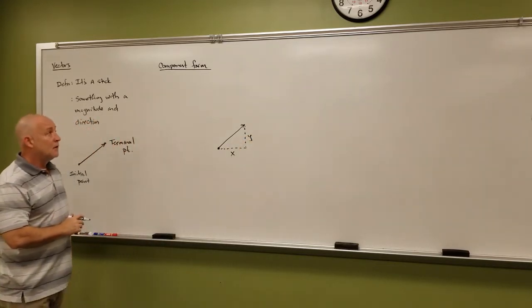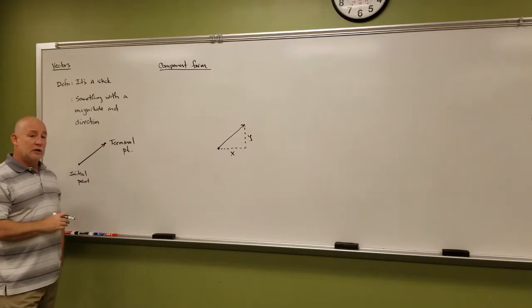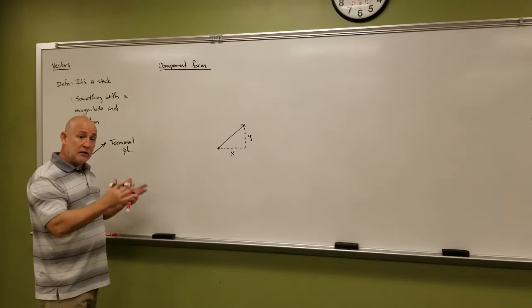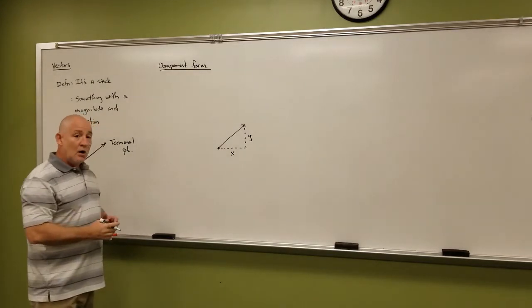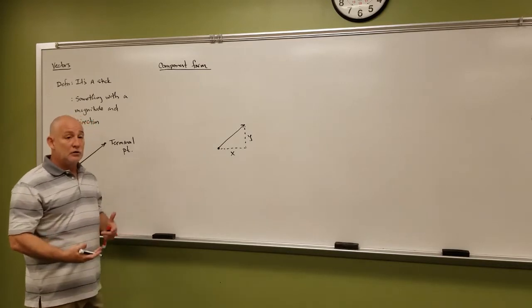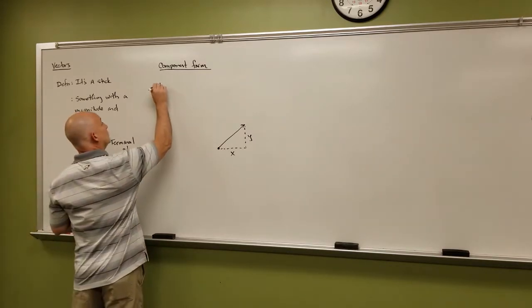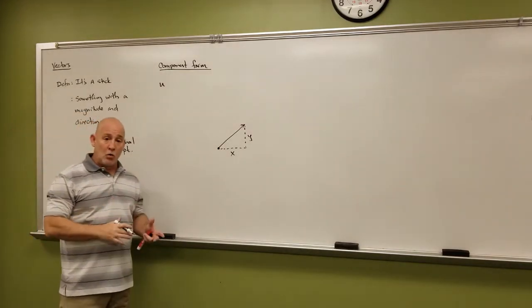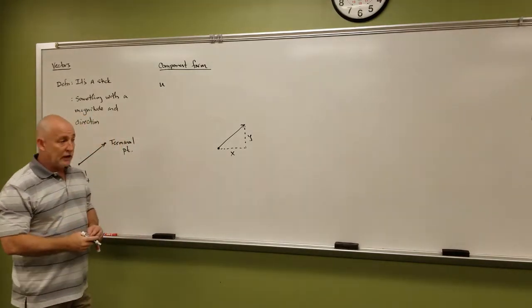Now, let's talk about some notation here, because it can be a little confusing compared to what we write, compared to what textbooks use. Most of the time for vectors, we use lowercase letters. And the letters we generally use for them are like u's and v's. So I'm going to start out with a u here. Now, the book here is just going to use a bold lowercase letter to represent a vector.